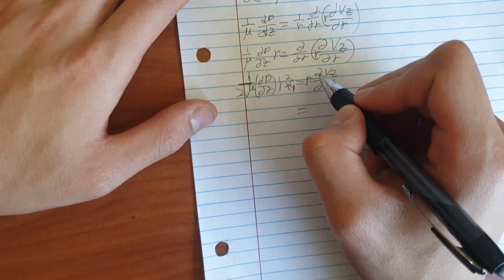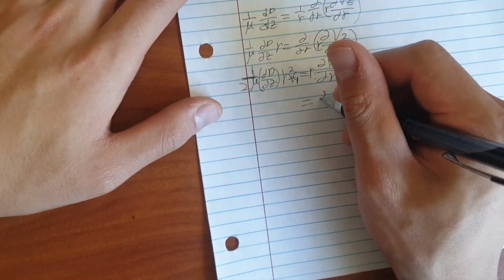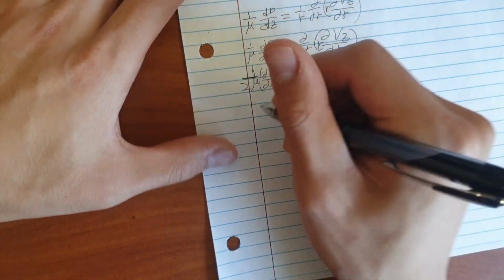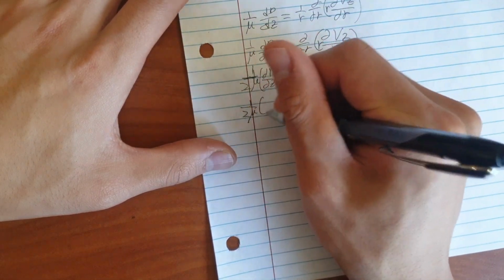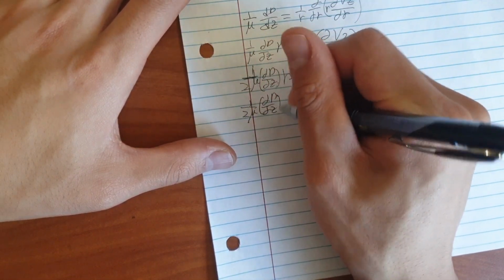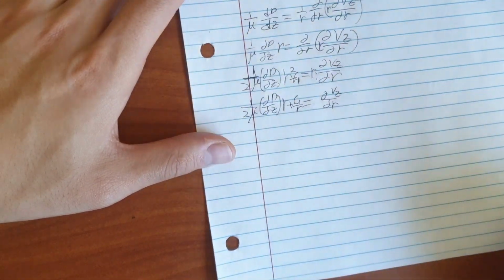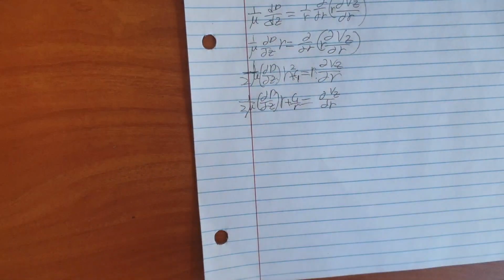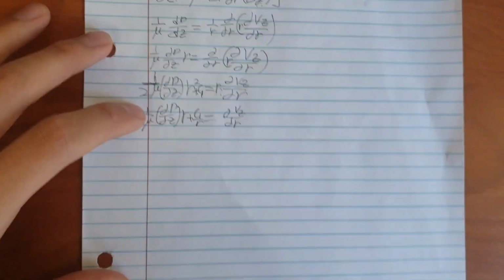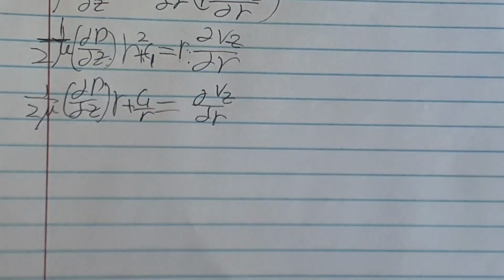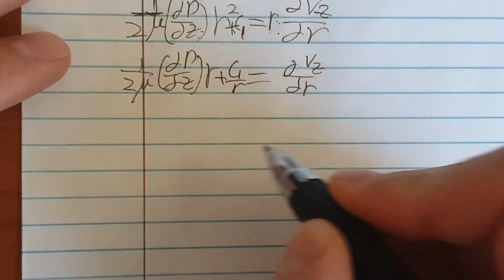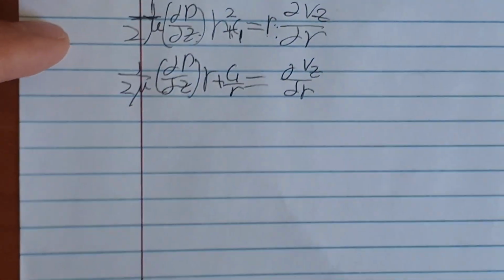So what we can do is divide it by r to get rid of it. So it's still r, but C1 over r.